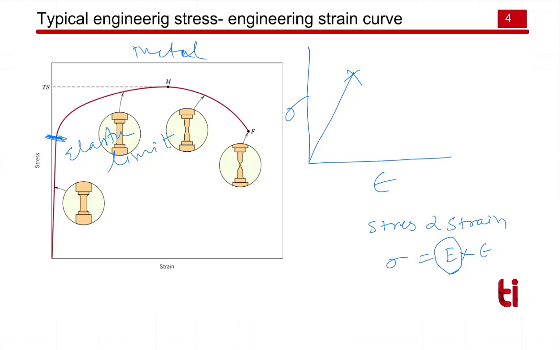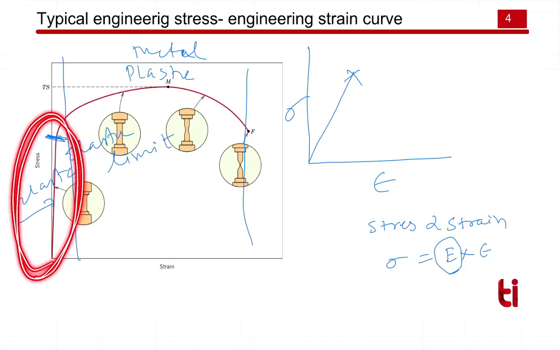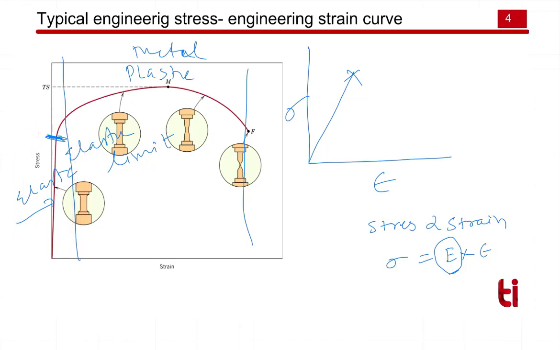So this curve has one linear portion and a second non-linear portion. The non-linear portion we call plastic deformation, and the linear portion we call elastic deformation. We will first study this linear portion, that is elastic deformation.